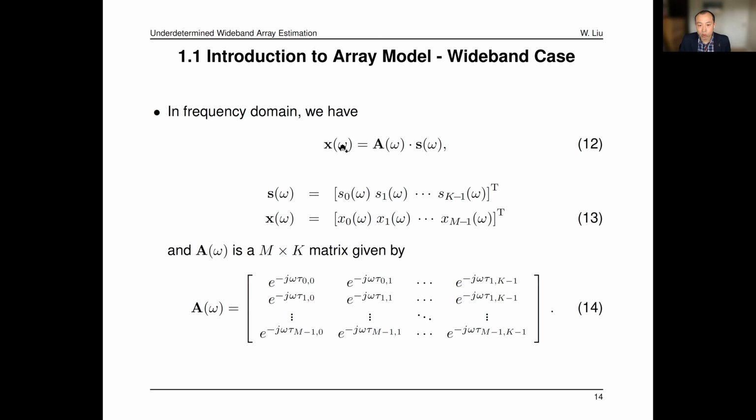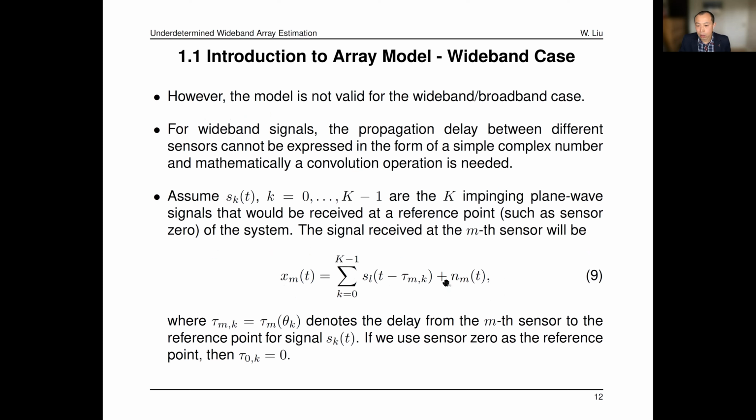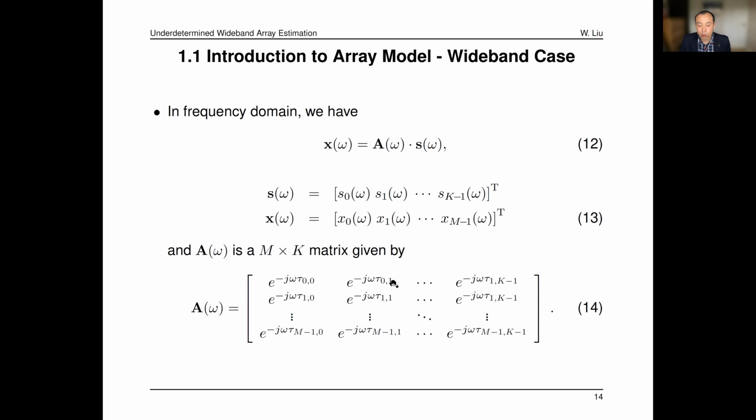For each frequency omega, you have this, without considering the noise, just the signal part to simplify the notation.